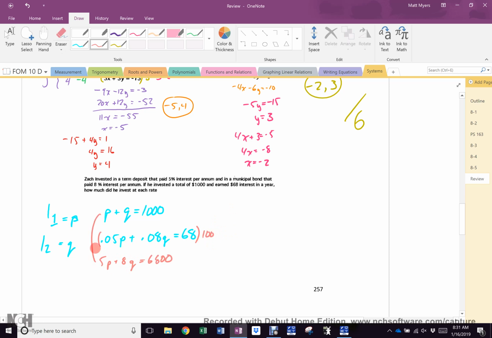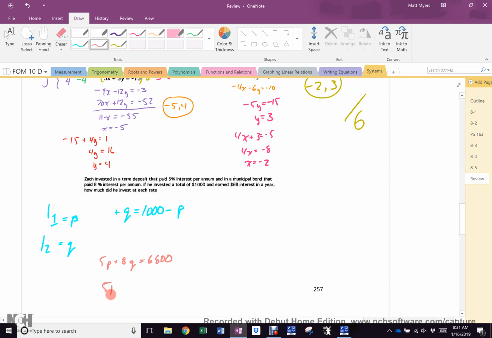And then you will do your system work with this. Most of you, in this case, are probably split 50-50. I, of course, move the p over to here and make it negative, and then I do substitution on these ones, personally.